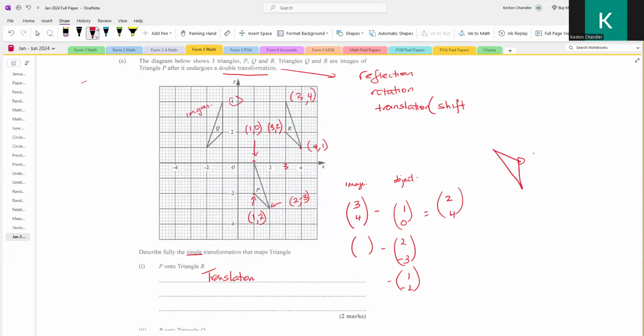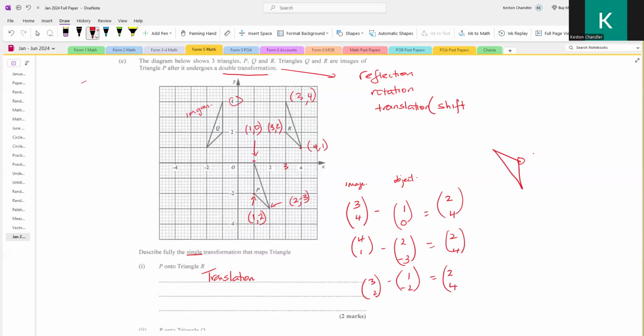This 2, -3 goes with this 4, 1. And this 1, -2 is this point here, 3, 2. So 4 take away 2 is going to give me 2, and 1 minus 3 is going to give me 4. Here we have 3 take away 1 to give me 2, and 2 minus 2 to give me 4.